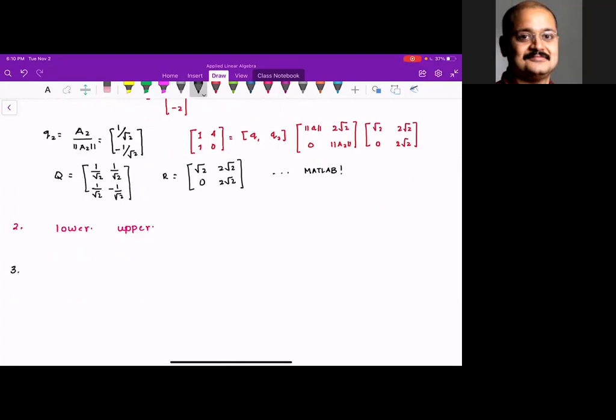Problem number 3. Okay, how many of you got problem number 3? There are multiple ways of solving this problem. So let me ask you, how did you solve the problem? Go ahead.